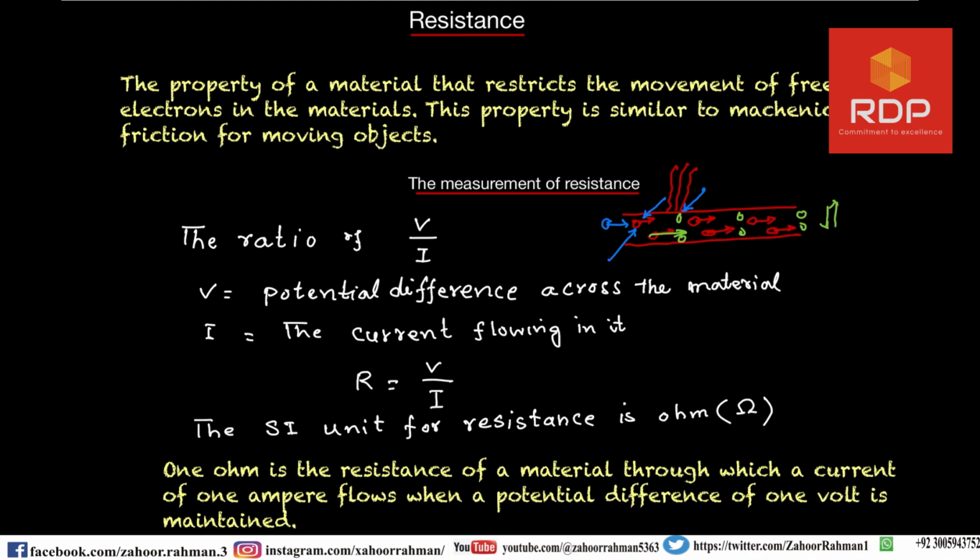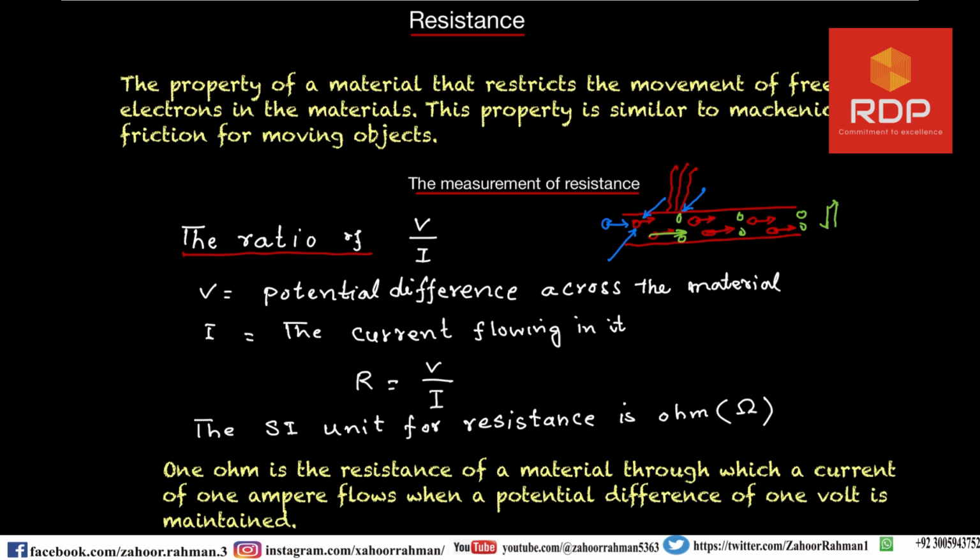Now the next question is the measurement of resistance. The resistance of a material is defined as the ratio of voltage and current. Whatever the ratio between voltage and current is, we say that this is the resistance.